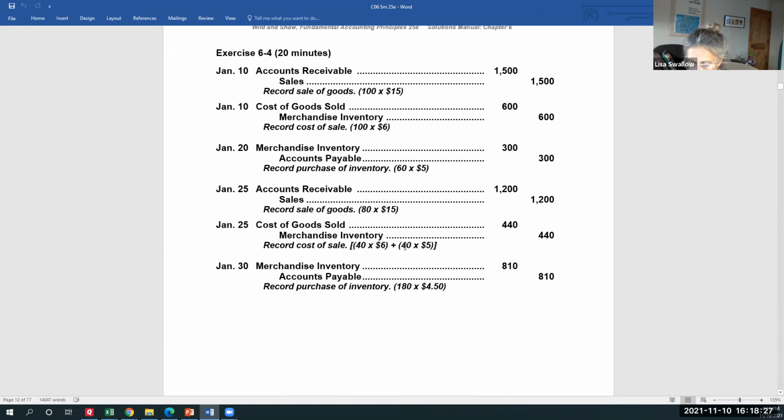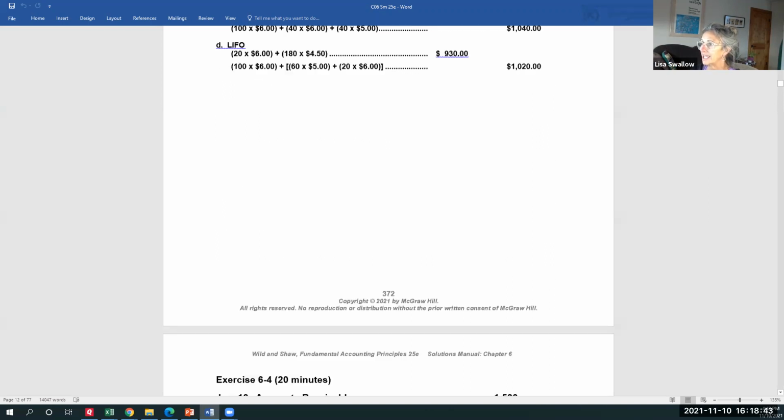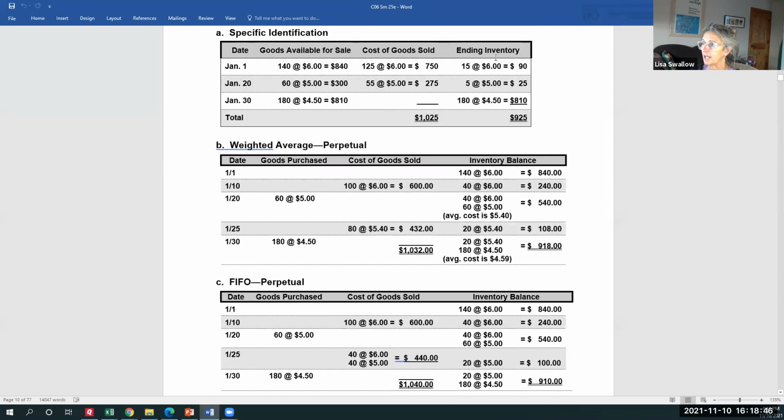Or no, I'm sorry, we sold 80 units. So 40 were left in beginning inventory, and then I have to pick up 40 from that next oldest purchase. And then lastly, on the 30th, I record another purchase.